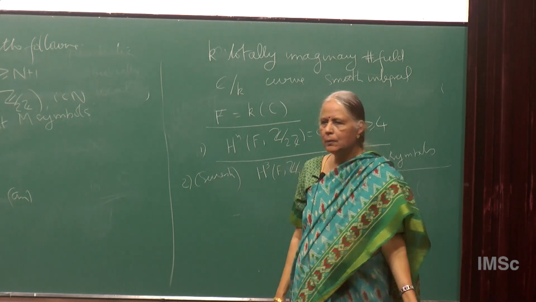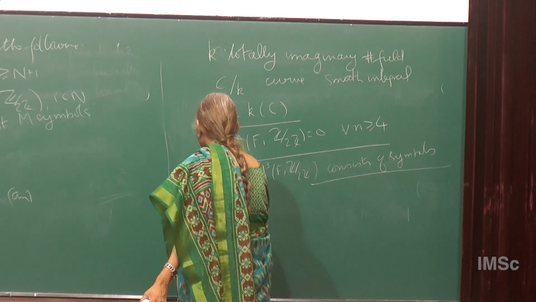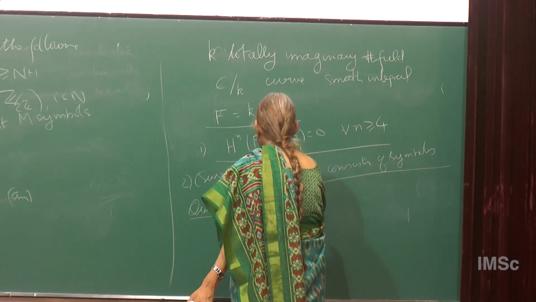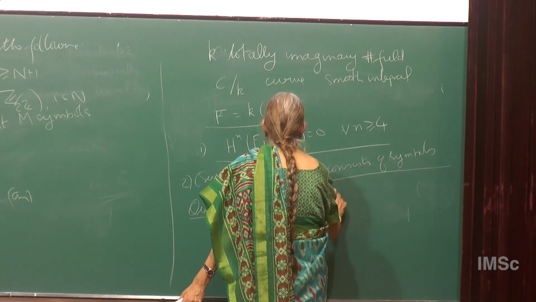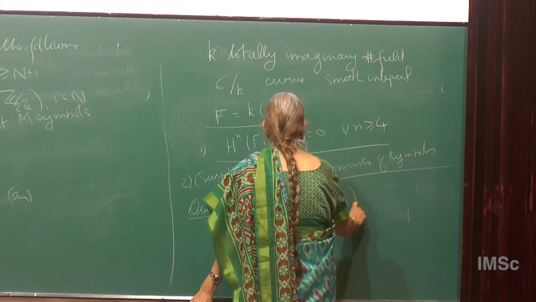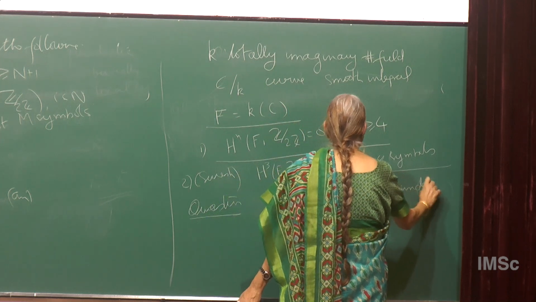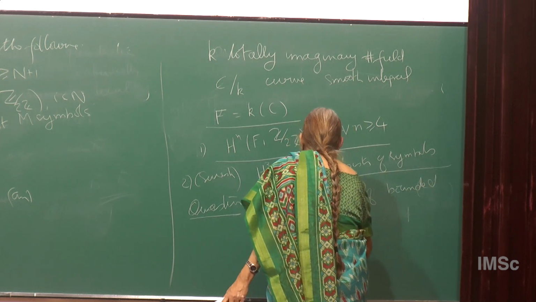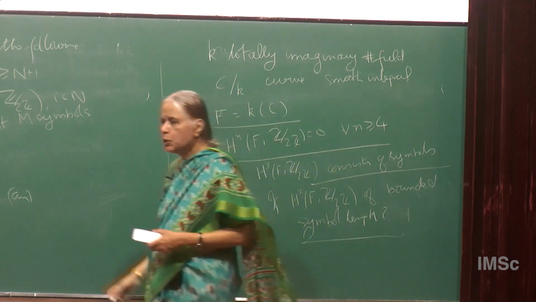So we are left with, therefore, the question: is H2(F, Z/2) of bounded symbol length? So the question reduces to: what is H2?